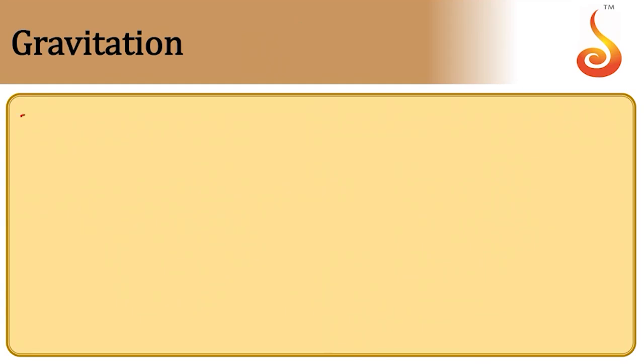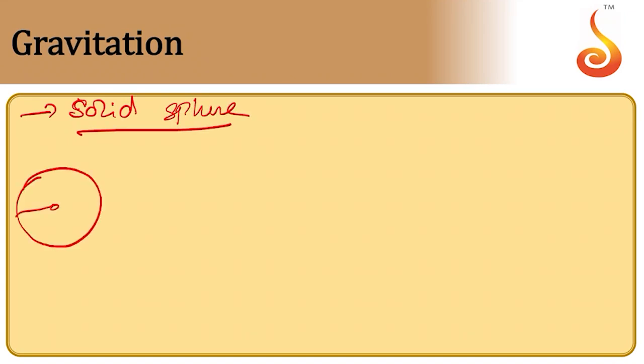What if it is due to a solid sphere? Gravitational field due to a solid sphere. Here is a solid sphere of radius R, mass m, and the gravitational field at a point outside at a distance r is again given by Gm divided by r square, as though a point mass is located at the center.